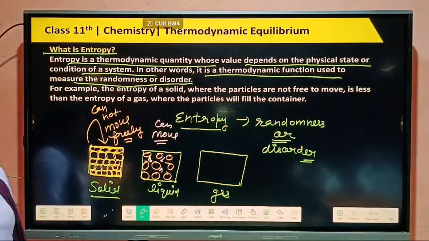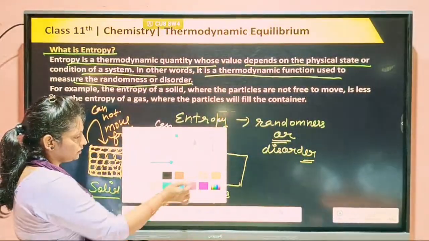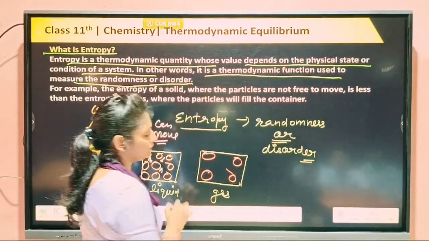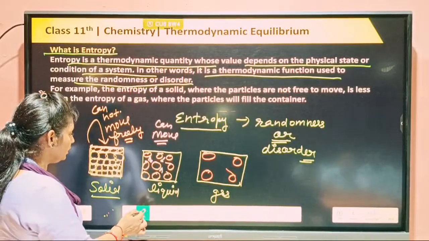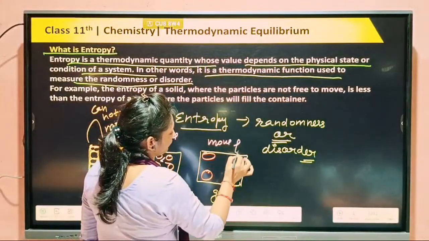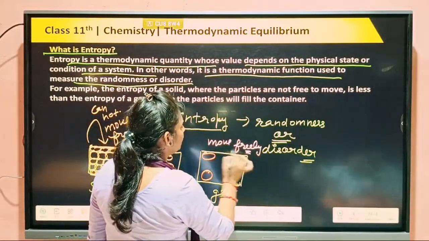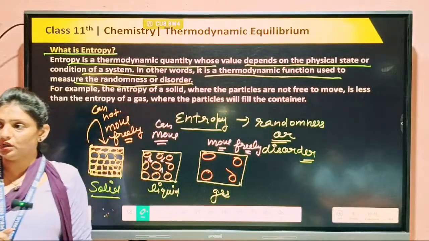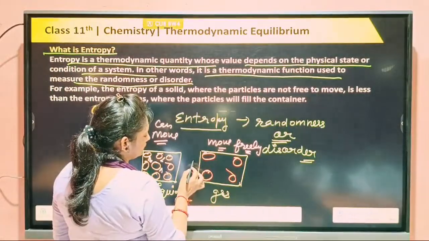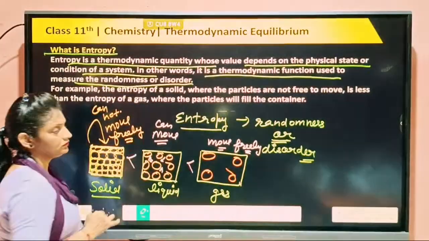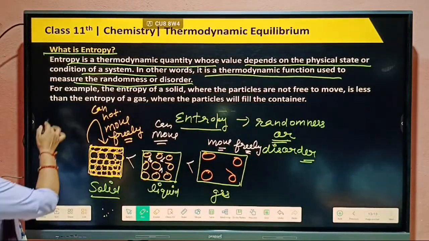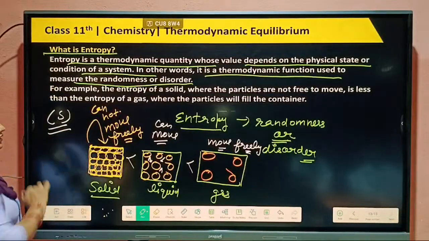But if I talk about the gaseous state, there is a lot of space between them, so they can move freely. And you know very well that the measurement of freedom and randomness is known as the entropy. So here the entropy of gases is maximum compared to solid. Entropy is denoted by S.